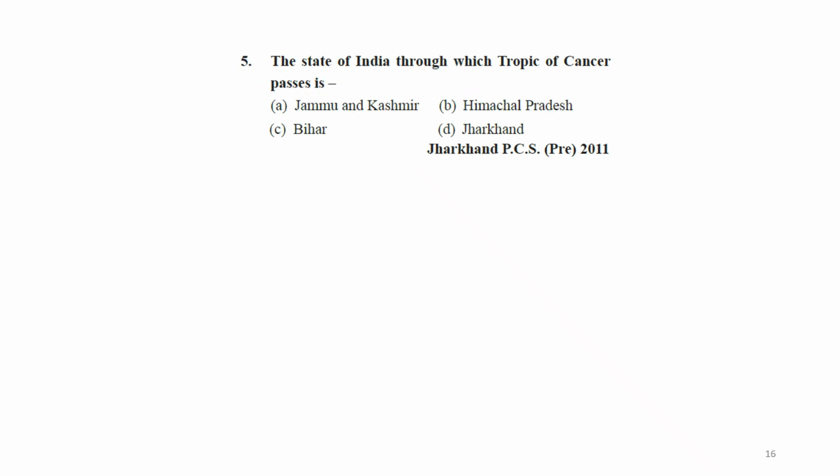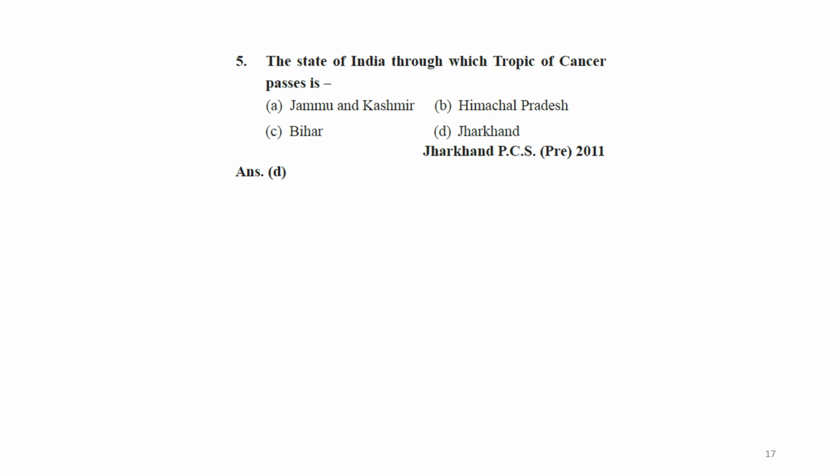Now next question. The state of India through which the Tropic of Cancer passes is J&K, HP, Himachal Pradesh, Bihar, Jharkhand. So the answer is D. We have seen that there is no Jammu and Kashmir.